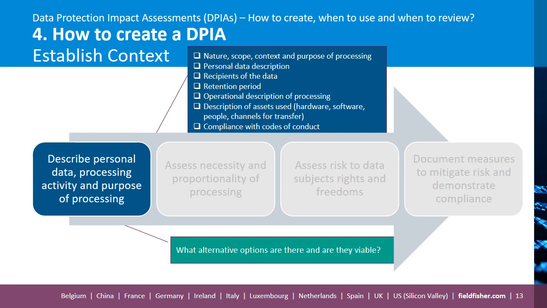This would involve gathering information regarding the nature, scope, context, and the purposes for processing, a description of the personal data that will be in scope, the recipients of such data, for how long will data be retained, an operational description of the processing, a description of the assets used, which hardware, software, people, or even channels for transfer will be involved, compliance with codes of conduct, and any further information that is relevant in order to establish context, as we mentioned.